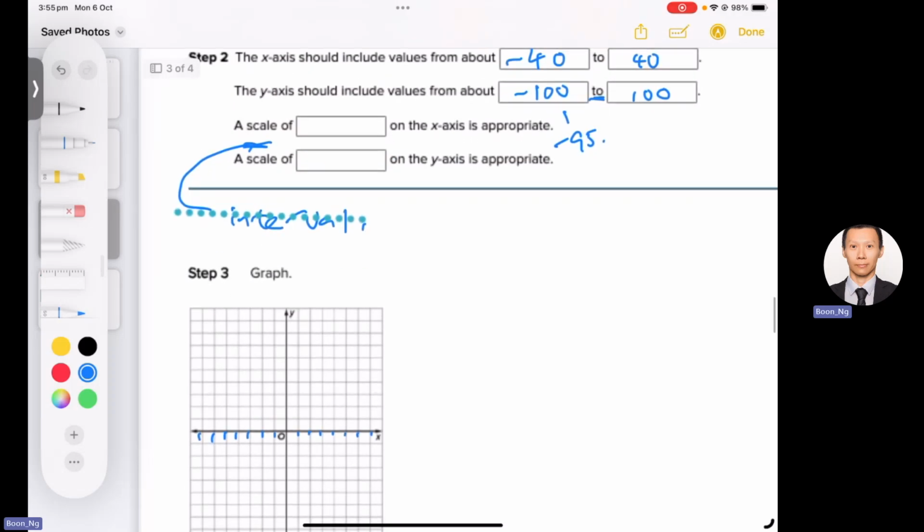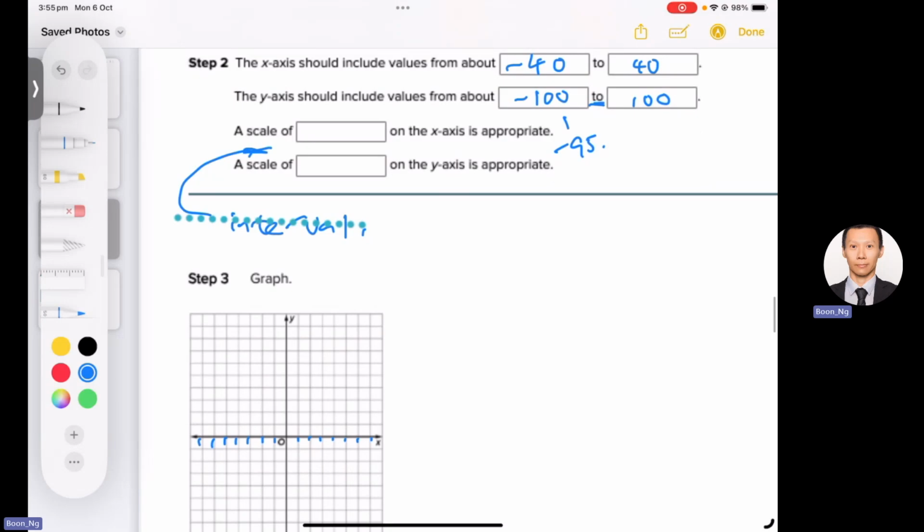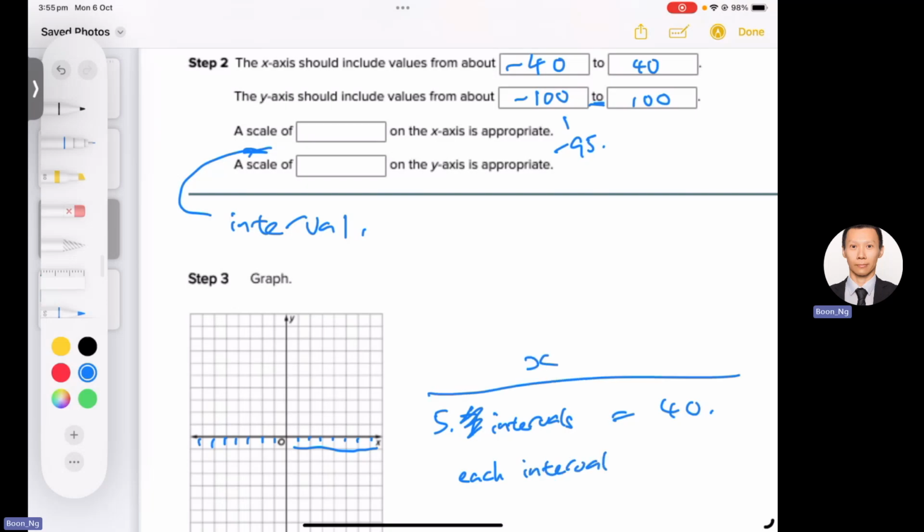For me, when we have 7 intervals for 40, it doesn't make a lot of sense. So I will reduce to 5 intervals only. Each interval for x will be 40 divided by 5 equal 8.